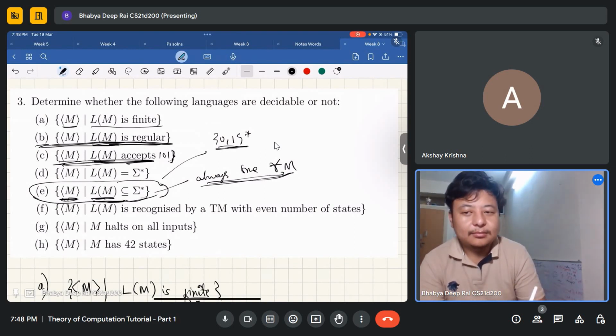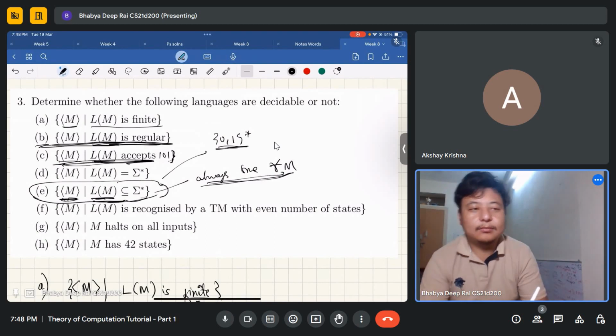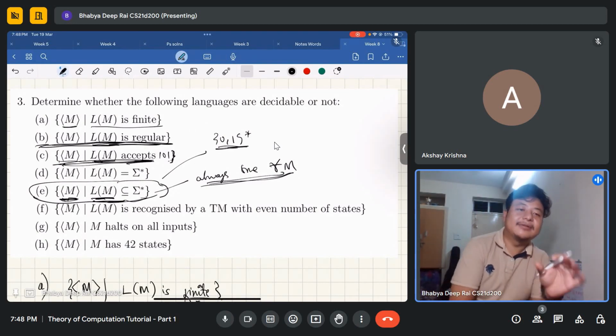Can you give me an example of a language that does not contain 101? It could be any language, could be regular.